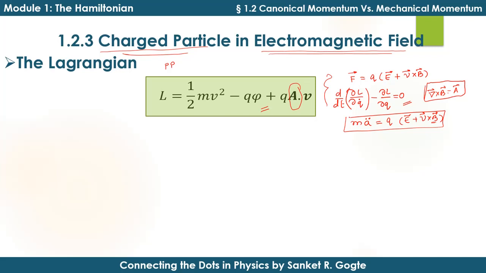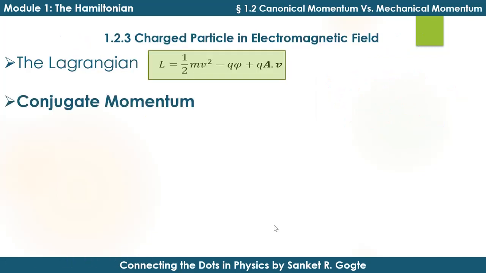One more thing that you should note here is whenever these capitals are drawn in bold, that means these are vectors. I'm using the standard conventions which are used by most of the textbooks. So this bold simply means that this A is a vector, which is the vector potential, and V also is a vector. Now let's obtain the conjugate momentum for this charged particle, for this Lagrangian.